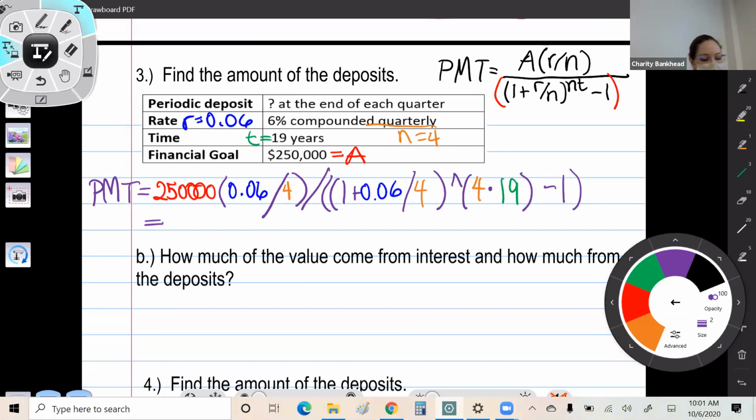We can round down, but if we round down, we won't actually reach the goal. So we should really round it up to 1786. I think it specifically tells you on the homework to round it up to the next dollar or something like that.